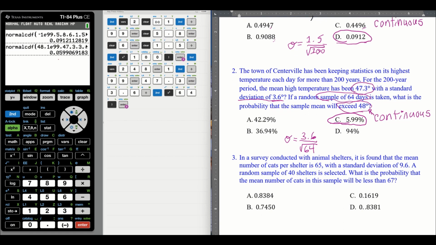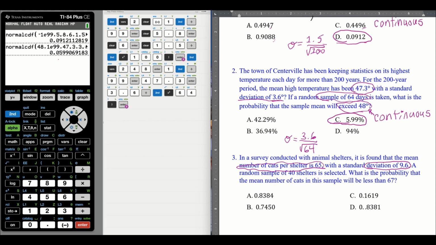Okay, number 3. In a survey conducted with animal shelters, it is found that the mean number of cats in a shelter is 65, with a standard deviation of 9.6. A random sample of 40 shelters is selected.